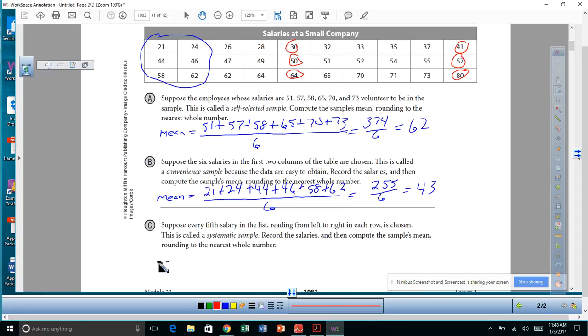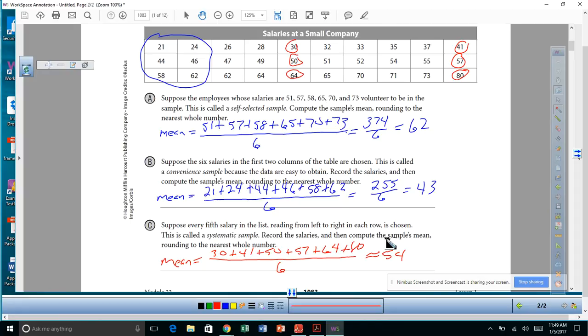The mean equals 30 plus 41 plus 50 plus 57 plus 64 plus 80, divided by 6, and that's about 54.